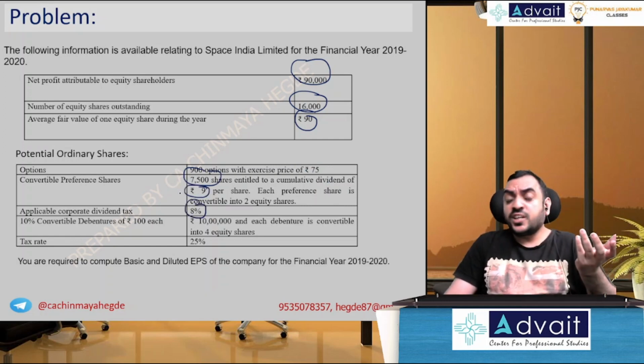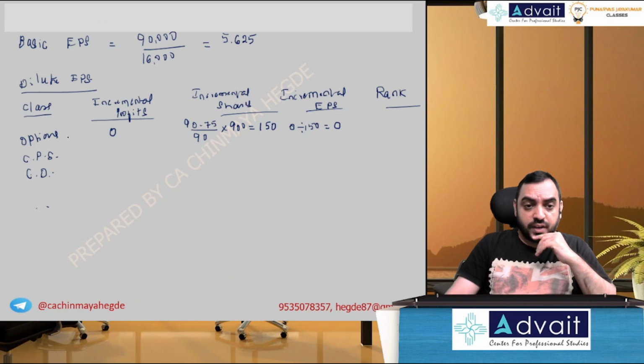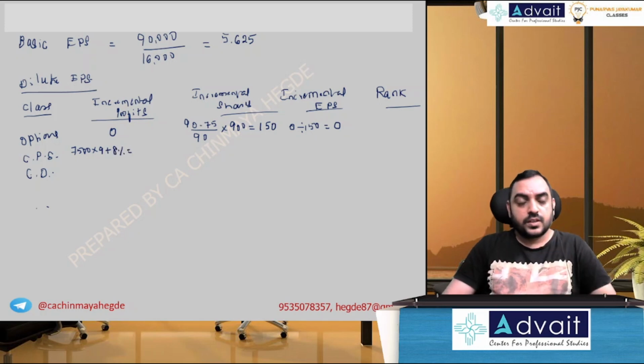This dividend tax also need not be paid now because the preference shares become equity shares, so I'm going to add that also. 7,500 into 9 plus 8% is 72,900.